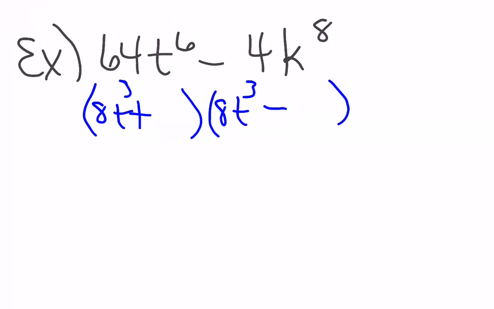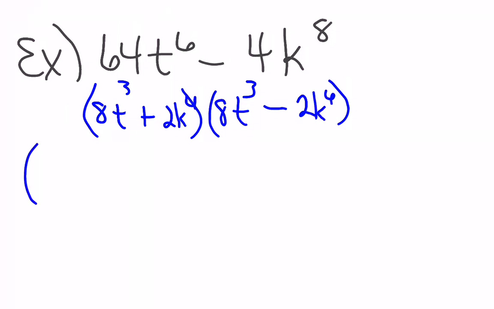And then, let me clean this up just a little. Okay. And then we look at the second term. So 4 is 2 times 2. And then k to the 8th is going to be k to the 4th, k to the 4th.